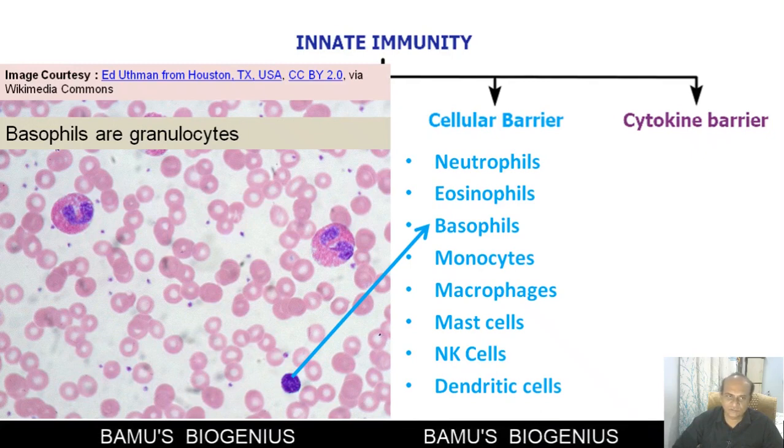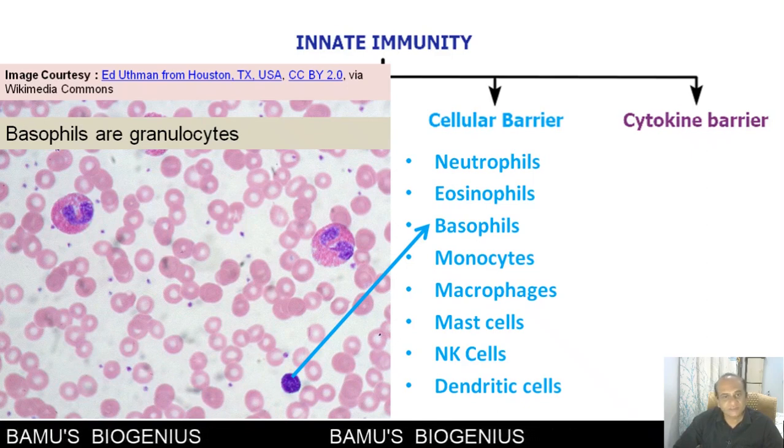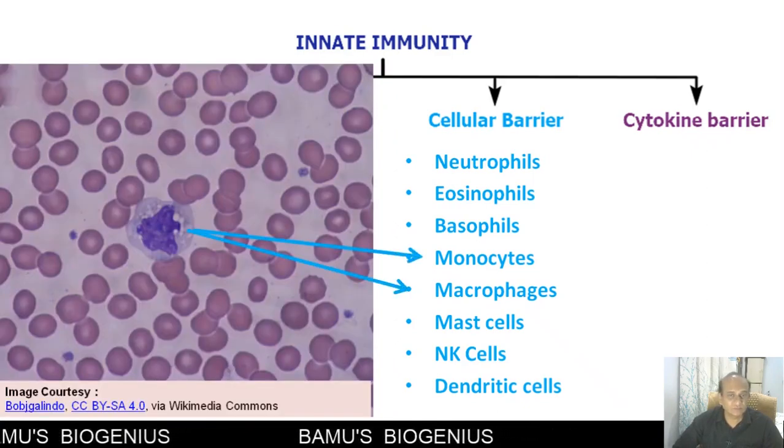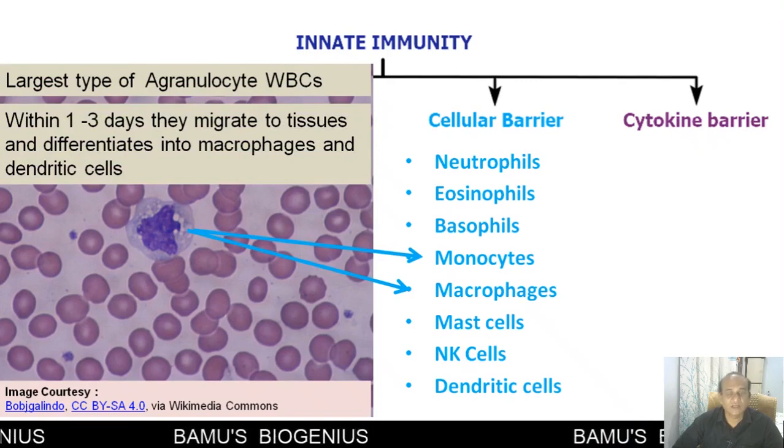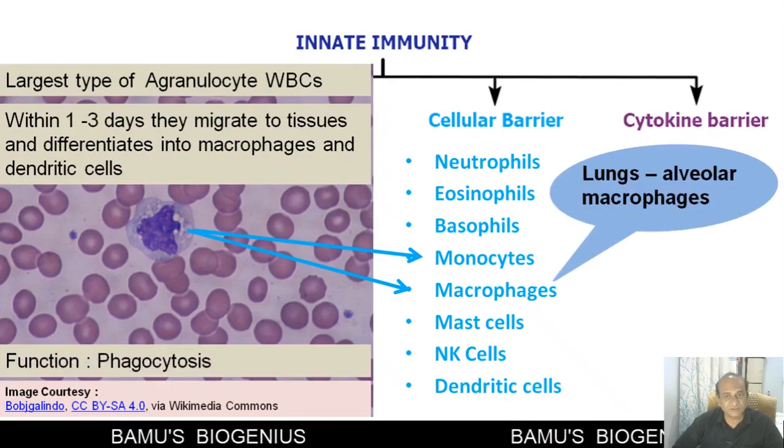Basophils are granulocytes, and these are also responsible for tackling pathogens. Then the next one is monocytes. Monocytes are the largest type of WBCs, and they are responsible for differentiating into macrophages and dendritic cells.